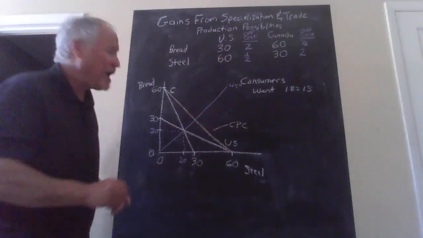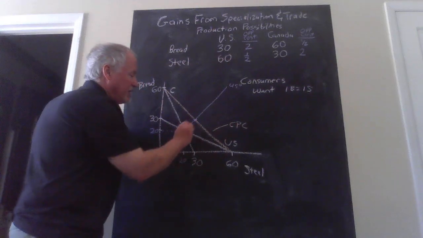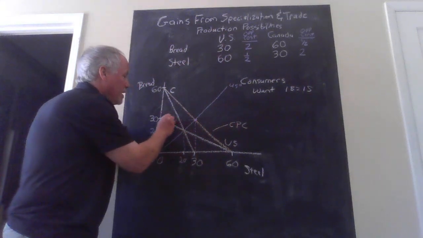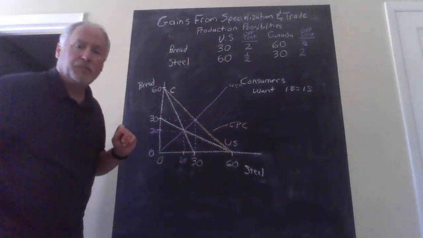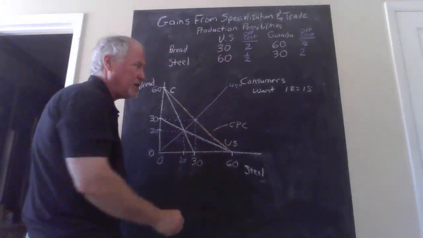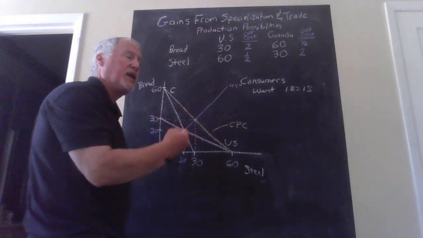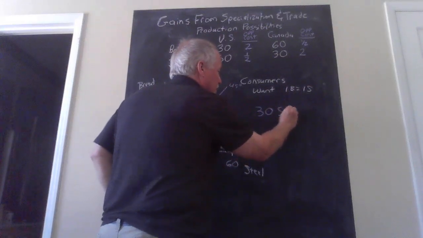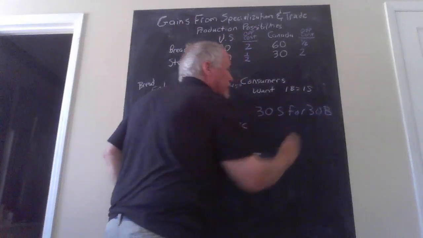Now it just so happens that where this 45-degree line intersects is right here. And it would turn out that those numbers would be 30 and 30. So what we would see is that the U.S. produces 60 units of steel, and then at a price ratio of 1-for-1, they want to trade 30 units of steel for 30 units of bread.